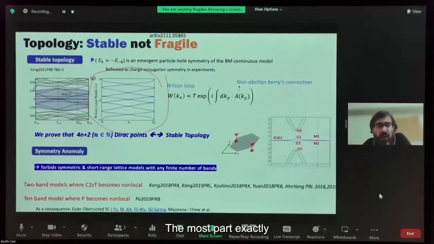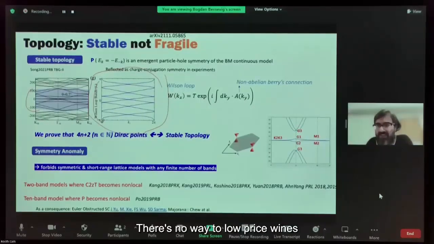No matter how many bands I take, the Wilson loop spectrum still winds, so there's no way to localize it. If it were localized, it wouldn't change with momentum. But if it winds around, periodic from pi to minus pi, you can never make it flat. Something that winds across a large circle I can never localize.